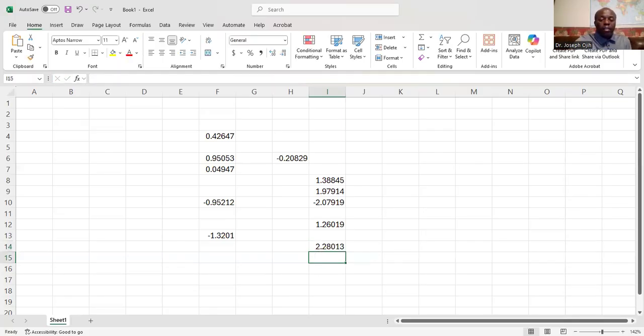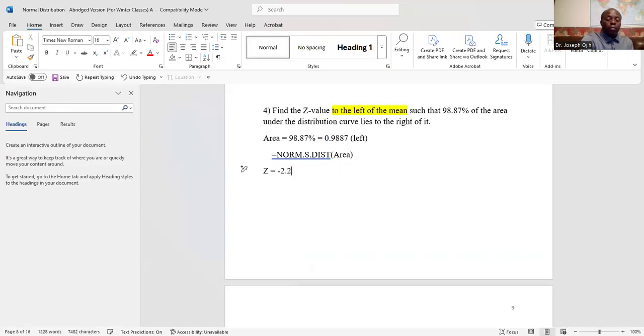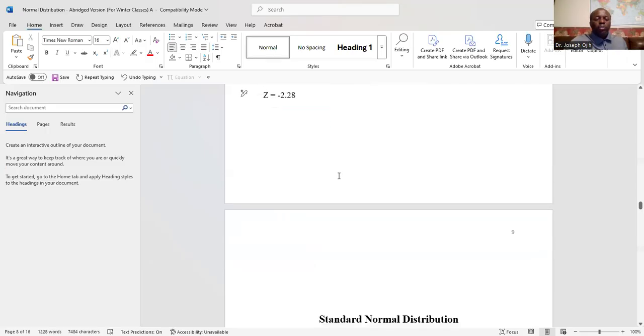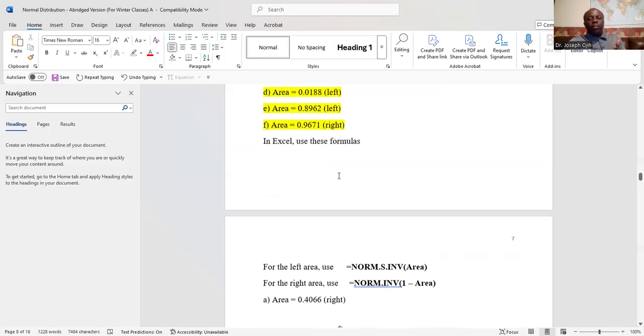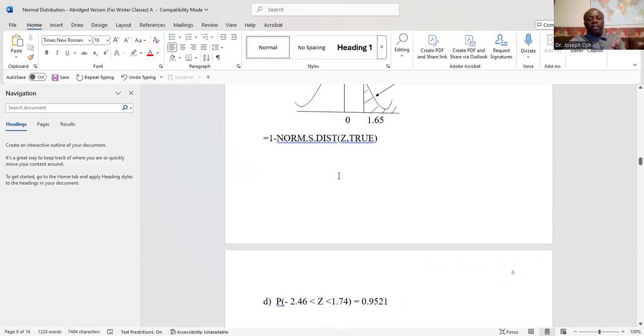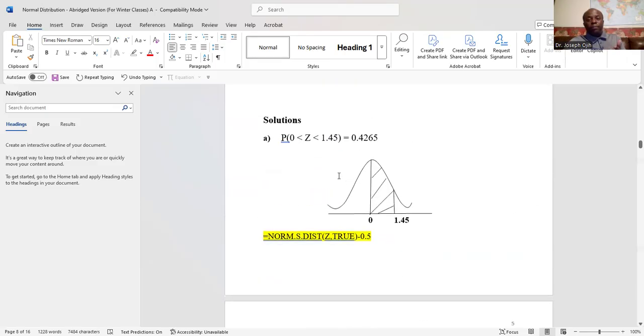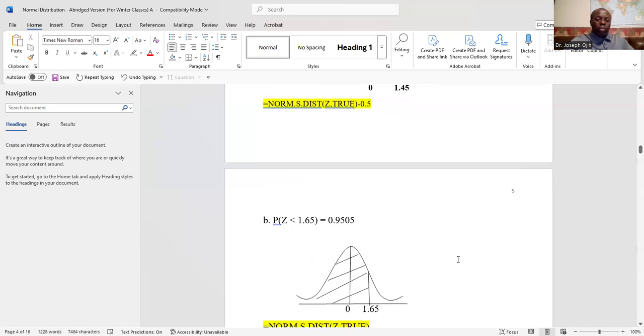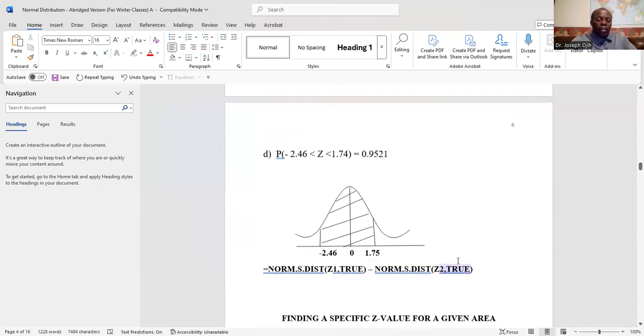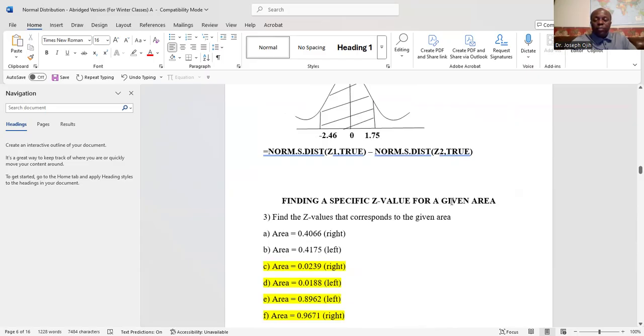But it's on the left side, so you've got to make it negative 2.28. Okay. So this is how you get the z value if you're given the area. If you're given the z value and you're asked to find the area, which is probability, this is how you do it. So the opposite is when you're given the area and you're asked to find the z value. You do the one that starts here, which is finding the specific z value for a given area.